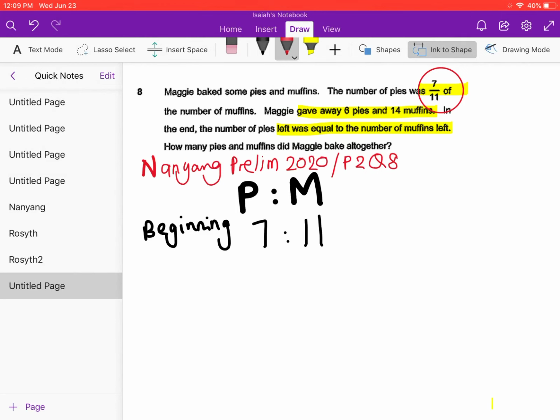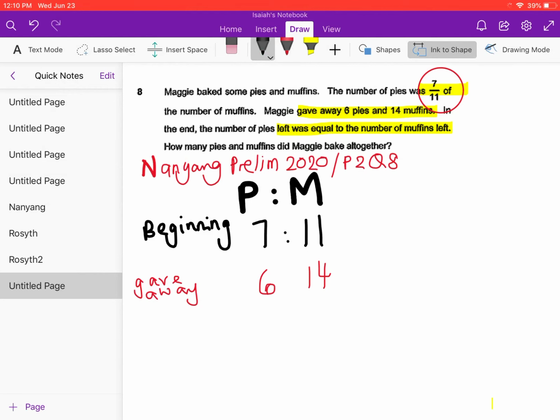Okay, and Maggie gave away 6 pies and 14 muffins. So here, we just write this, gave away. These are actual numbers, 6 pies and 14 muffins. Okay, and at the end of it, there were equal number of muffins and pies left.